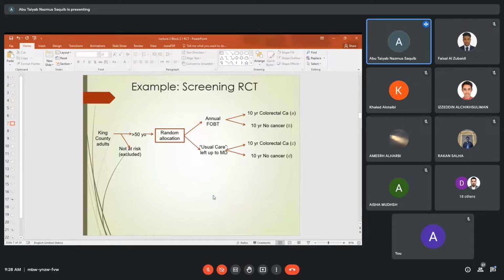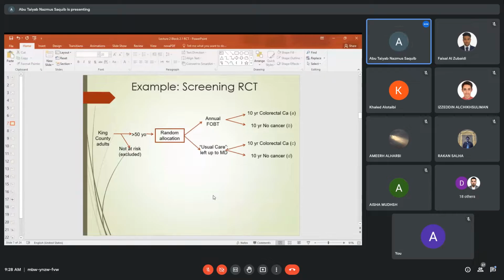So if you screen them annually, in terms of rate, the colorectal cancer rate will be higher in the screening group than the usual care group. But that's not the whole story. The second part of the story is that, if this screening is successful, although more colorectal cancers were detected in the annual FOBT group, most of them are very early stage.